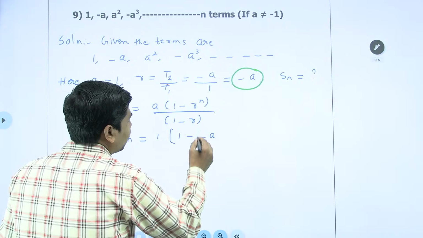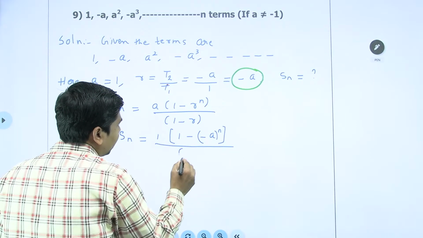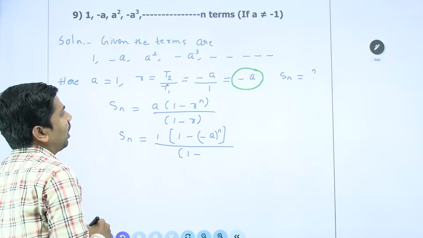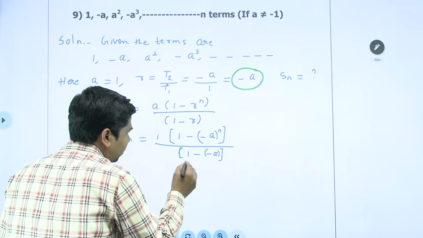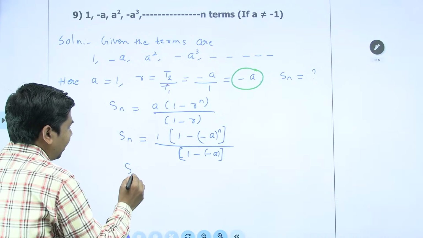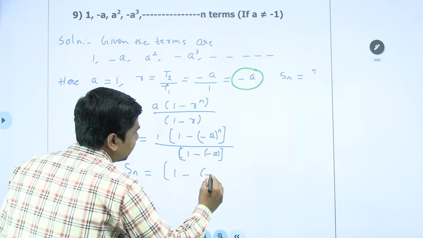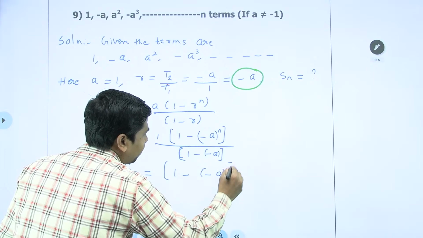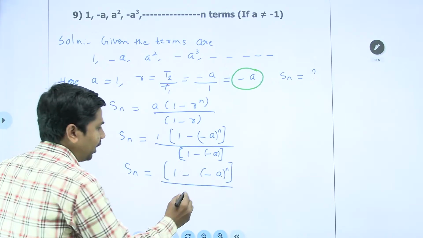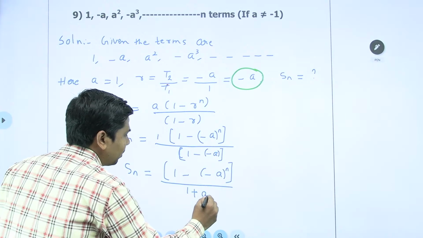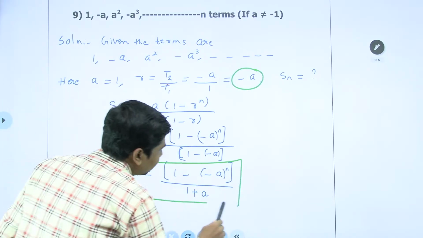So minus a raised to n, divided by 1 minus r, which is 1 plus a. So Sn equals 1 minus minus a raised to n divided by 1 plus a. This is the sum of the n terms for the given geometric progression.